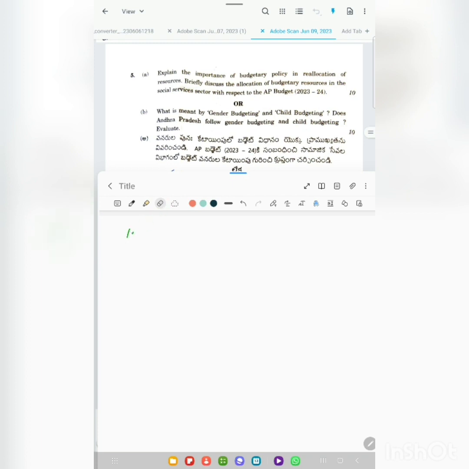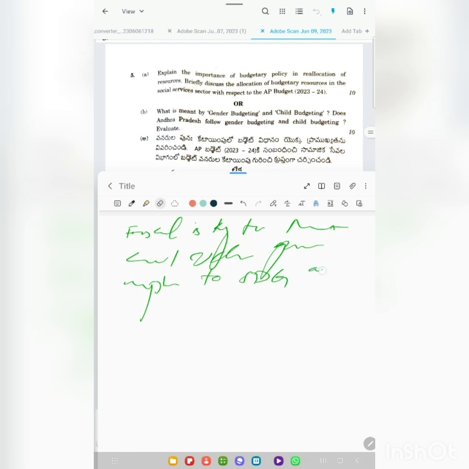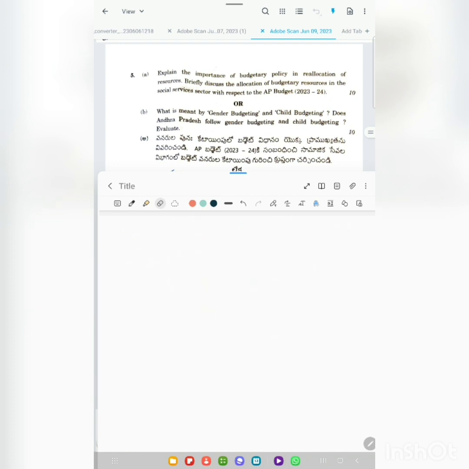See, fiscal policy is key to national development. Gender budgeting and child budgeting give importance to sustainable development goals and inclusive budgeting. So I gave this brief definition and then just started writing what is gender budgeting.